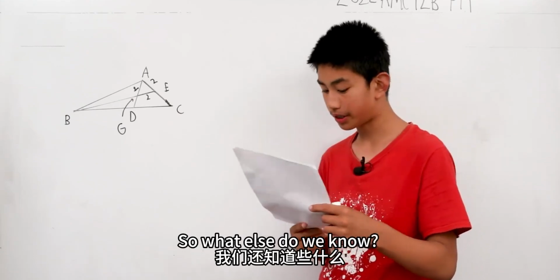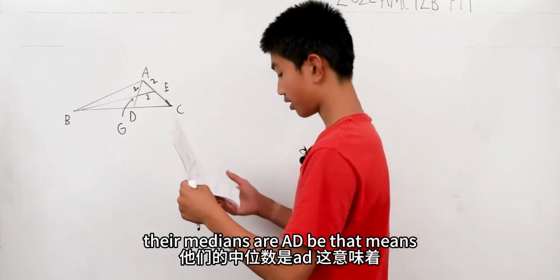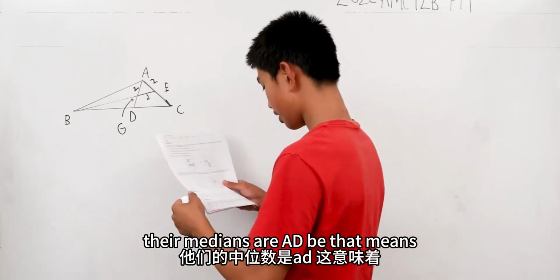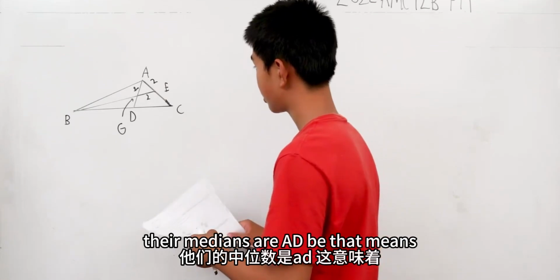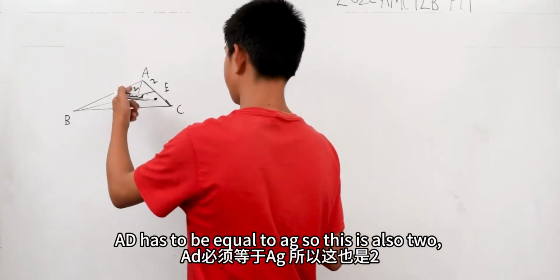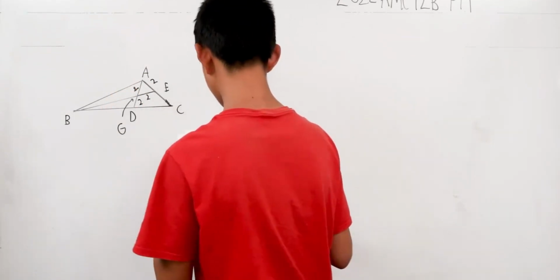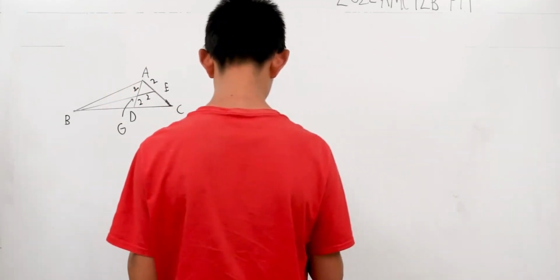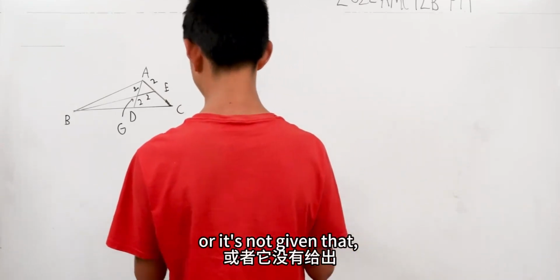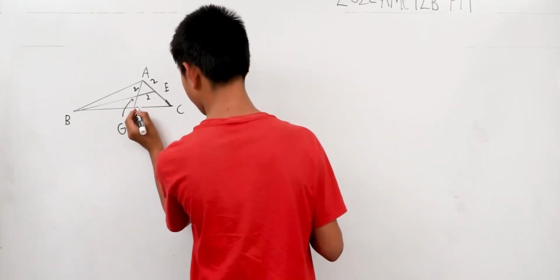So what else do we know? Well, they're medians AD and BE. So that means AD has to be equal to AG, so this is also 2. Or it's not given that, but it is a median, so we have that.